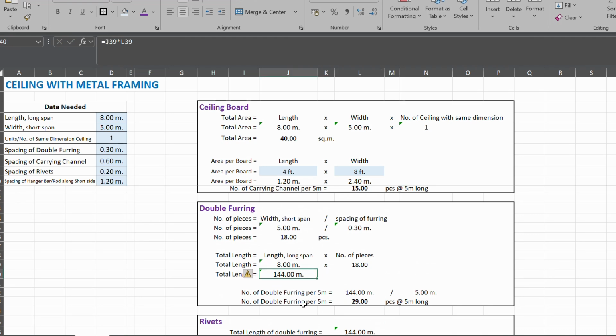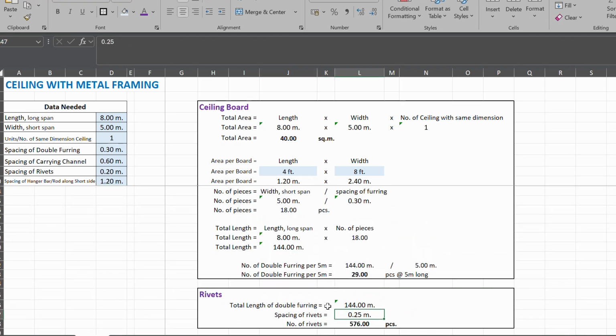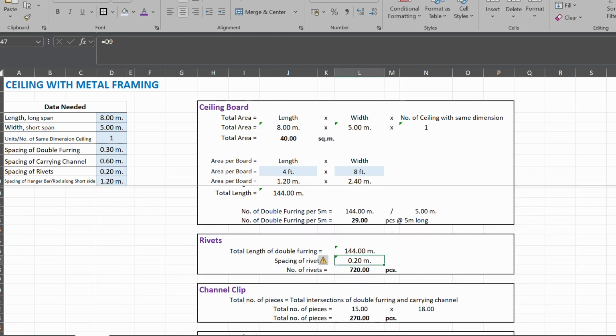Then the spacing of rivets, I used 0.20 meter. Of course, you can decide what spacing, if it's 0.15 or whatever, but for this example it is 0.20. So for the number of rivets, I just divided 144 by 0.20, which is 720 pieces.